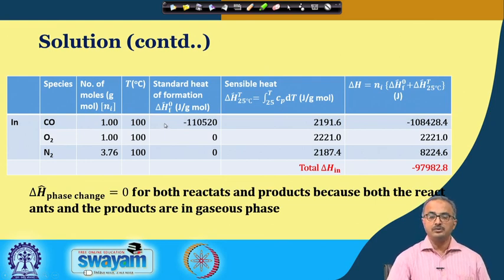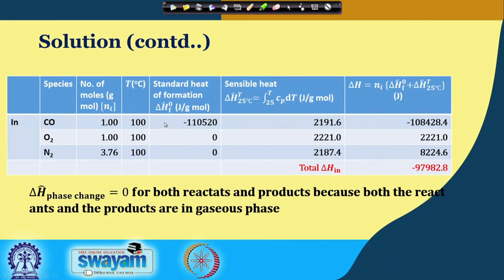I am not going into detail because I have done such a calculation in the earlier lecture. So here we simply put this formula and find out the delta H, this sensible heat, from this integration, and I have just put the final values after doing the integration here.